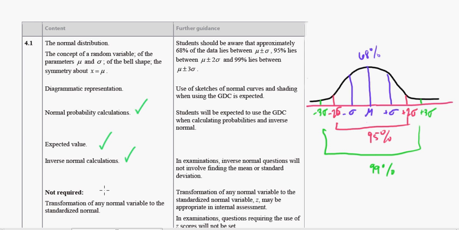Not required: we don't have to transform them, find z, find mean or standard deviation, or use z. You could use this in your IA, but whatever. We're expected to use the GDC, check. Sketches of normal curves, mine suck, check. All that, check. We're good.